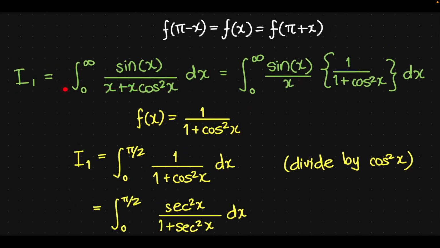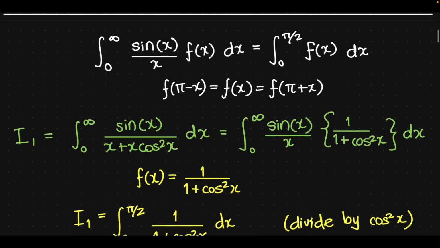Now, the first example is, let's say we have an integral I1, which is from 0 to infinity of sine of x over x plus x cosine squared x dx. We can always factor out the x in the denominator to get the integral from 0 to infinity of sine of x over x, and the remaining function 1 over 1 plus cosine squared of x dx.